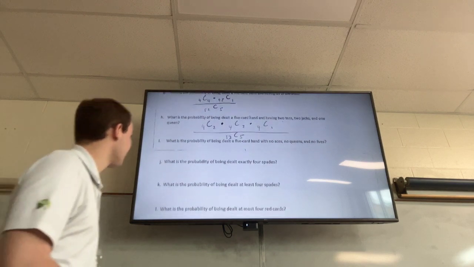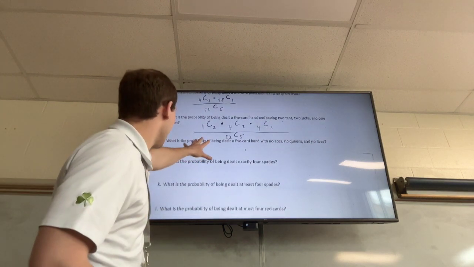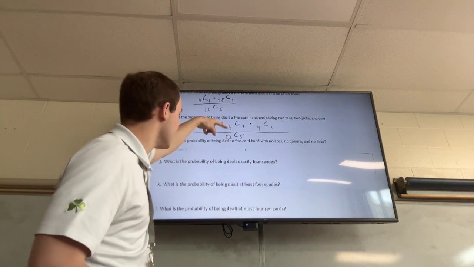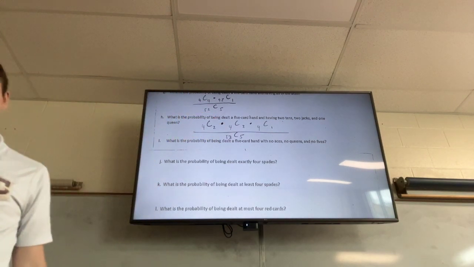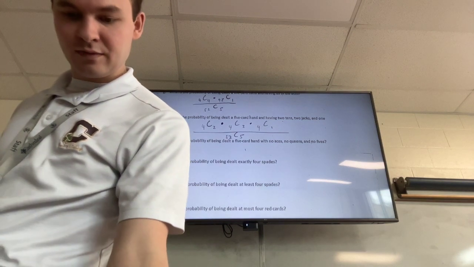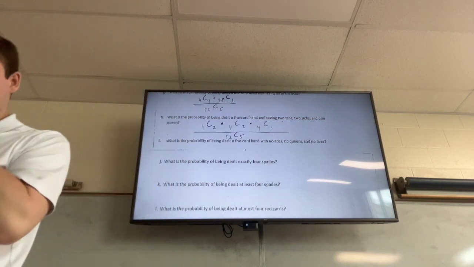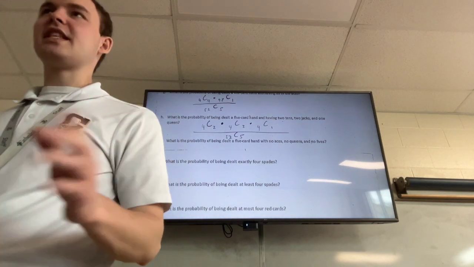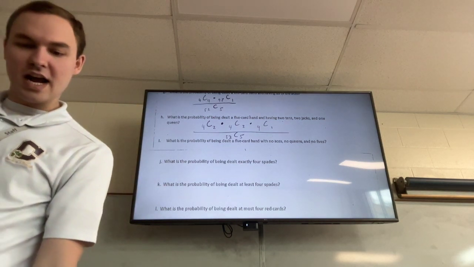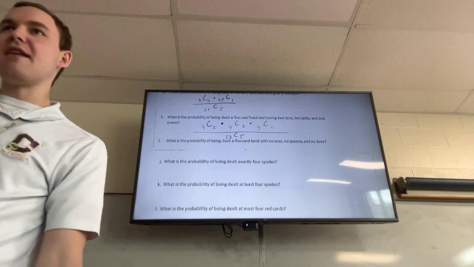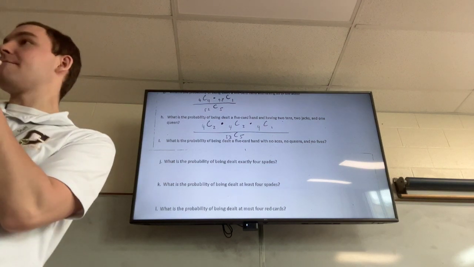All right, what's the probability of being dealt a 5-card hand with no aces, no queens, and no 5s. So let's think about this. There's how many aces? 4. How many queens? How many 5s? So that total is 12, right?